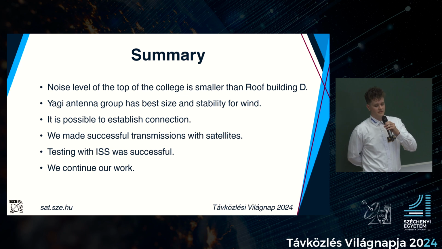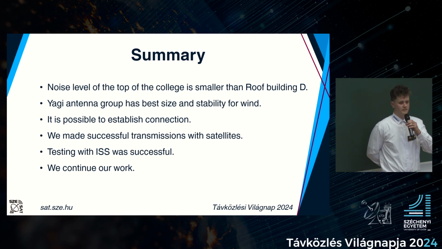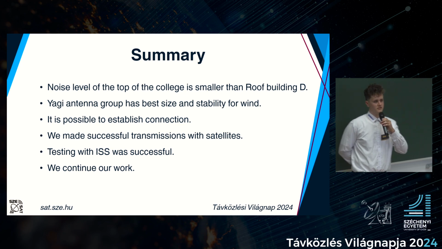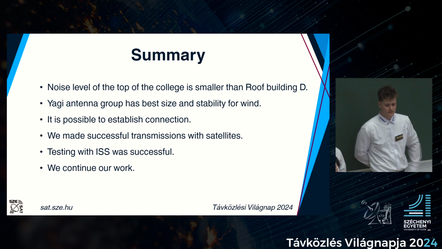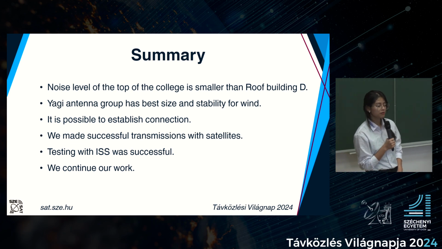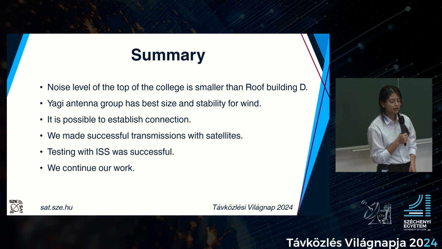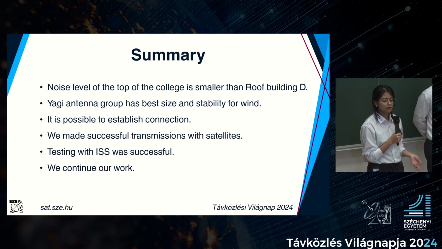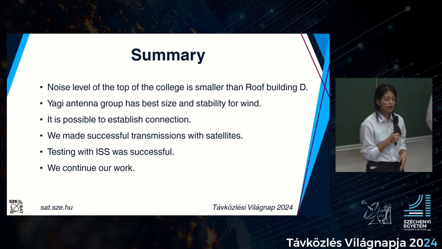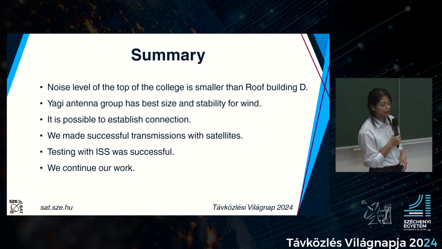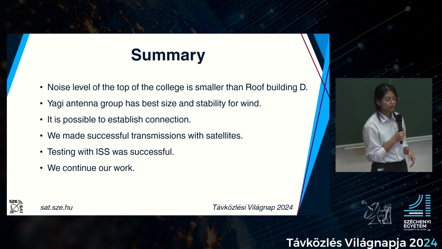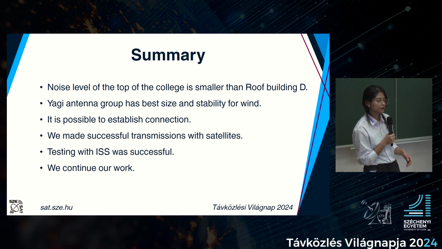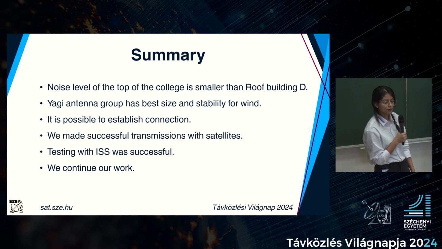It is possible to make a connection, and we made successful transmissions with other satellites also, especially with the SO-50 satellite. We made 9 successful connections, which has a much lower power signal than the ISS. Also, all tests with the ISS were successful, proving that our calculations were correct. And we continue our work because we want to create a duplicate ground station without any unexpected errors.